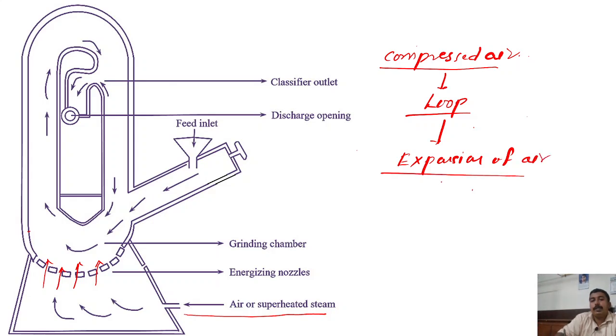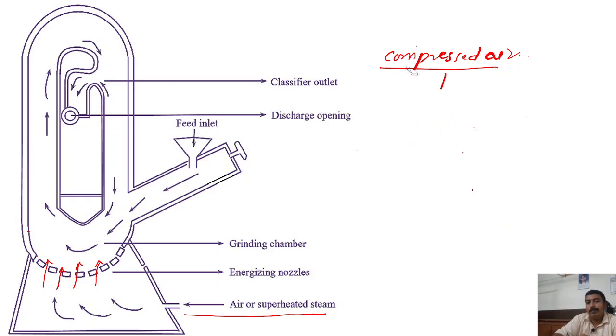So expansion of air results in cooling of the air, and this again avoids the degradation of the drug. Most important thing, heat sensitive drug. So no heat generation. Instead of heat generation, additional cooling takes place. This is the first component.